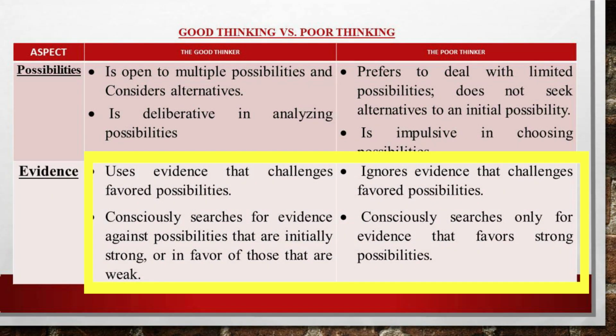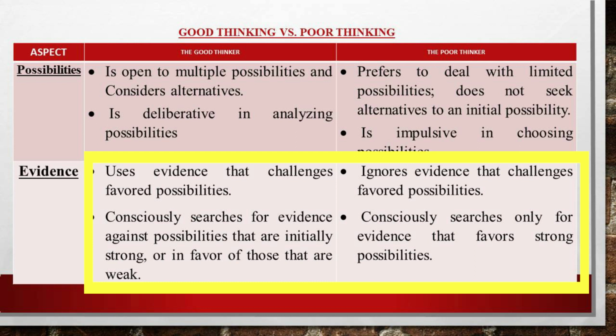A good thinker uses evidence that challenges favorite possibilities. Also, a good thinker searches for evidence against possibilities that are strong or in favor of those that are weak.